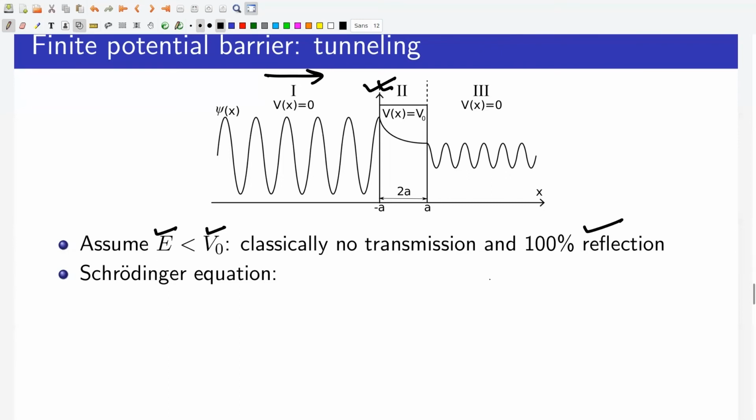However, as mentioned before, a quantum particle can penetrate regions forbidden for classical particles. We shall find the probability that the particle tunnels through the barrier in region 2 and emerges in region 3 to continue its journey.